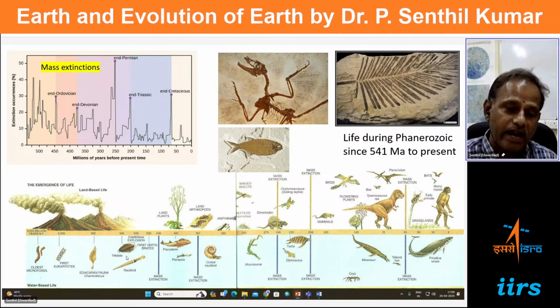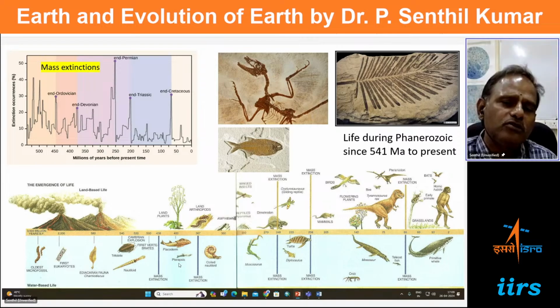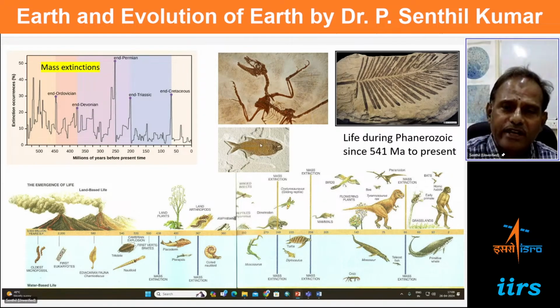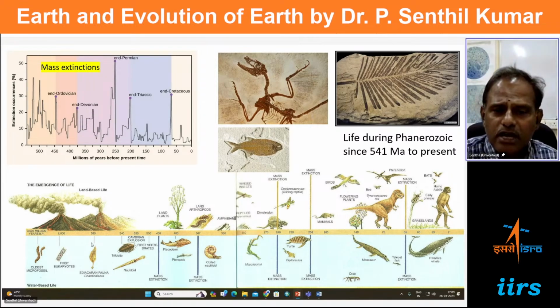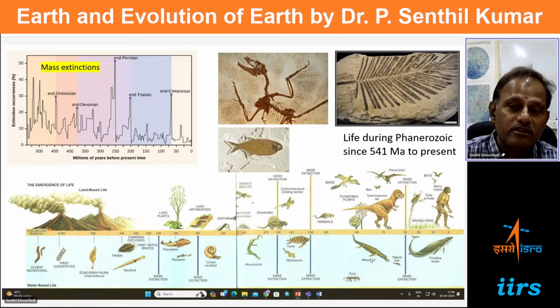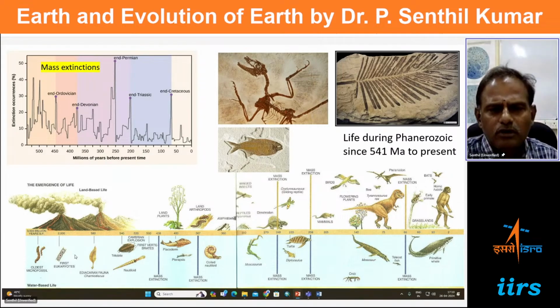Invertebrates are coming, trilobites, fish. Fish are found about 400 million years ago. They are preserved in rocks as fossils. So this is how marine life is blooming, and you even find a turtle, tortoise, and even whale. All these lives started blooming in the oceans.